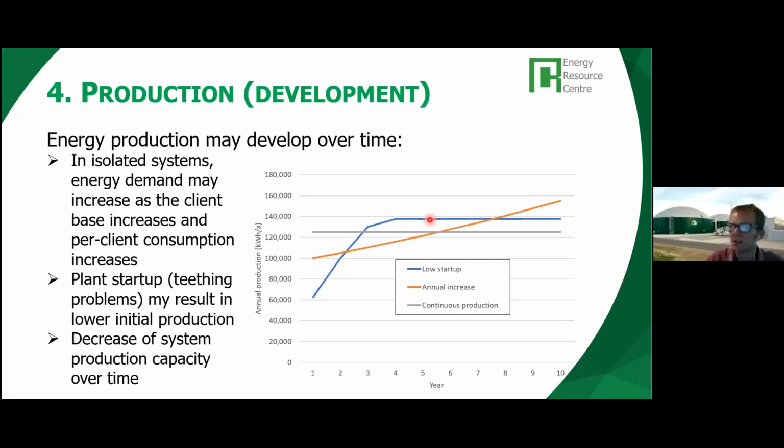You may then notice after a certain time that the total output goes down, unless additional investments are made to compensate by adding additional capacity, for example, additional panels. If that is not done, then over time there will be a very slow reduction in the production.